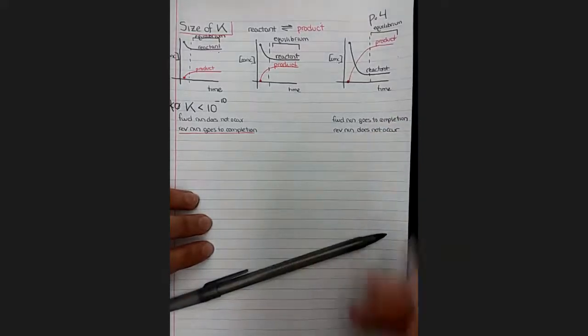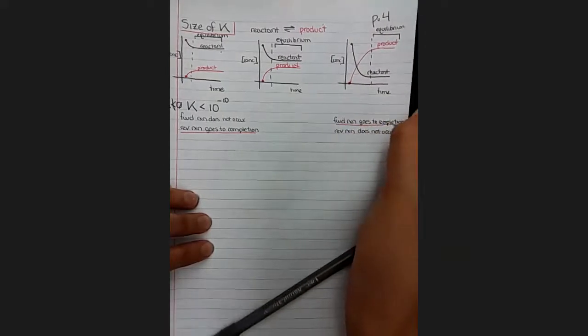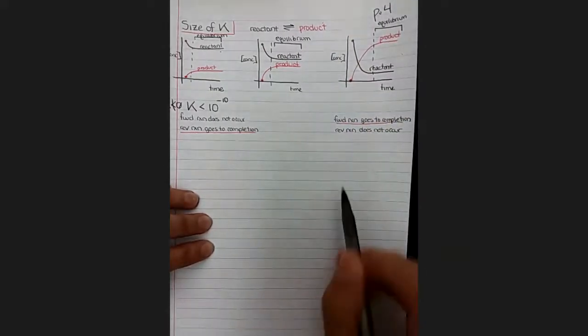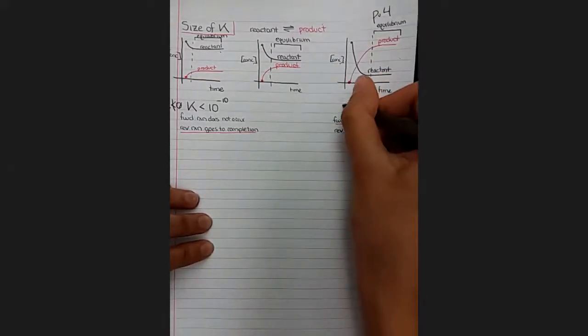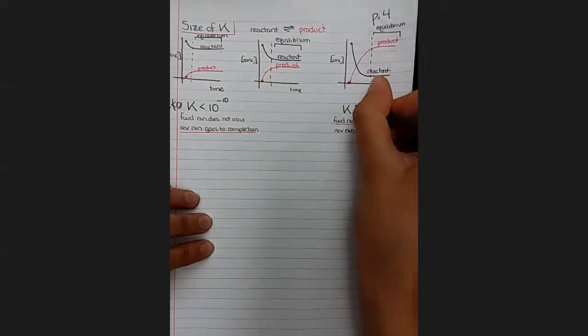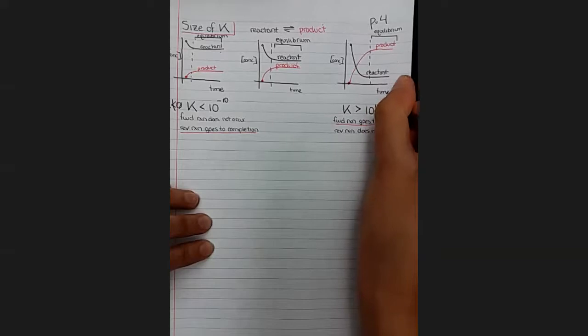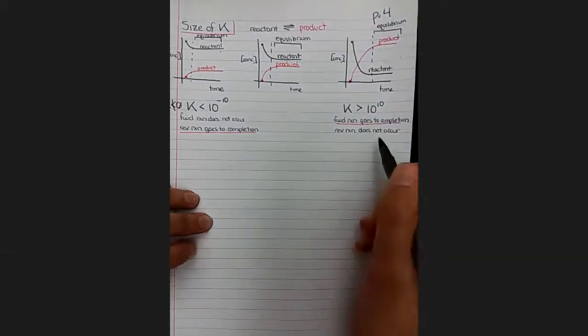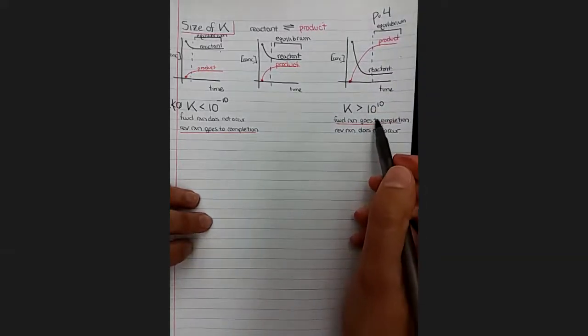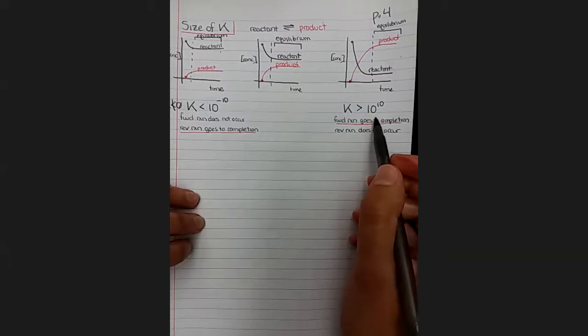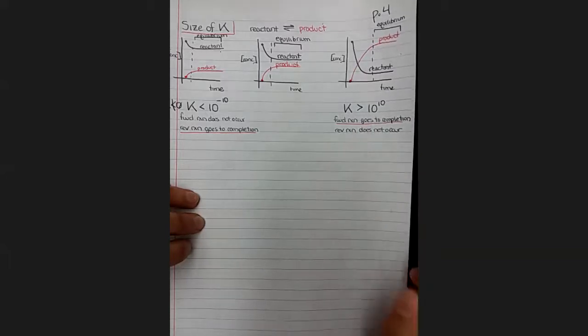So the forward reaction goes to completion, and that means our K value is going to be very large. And we're going to specify that very large is greater than 10 to the 10th, which is 10 trillion, I think, a pretty large number, a lot of zeros there.